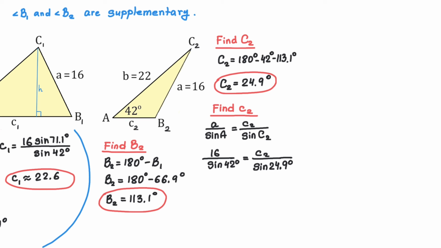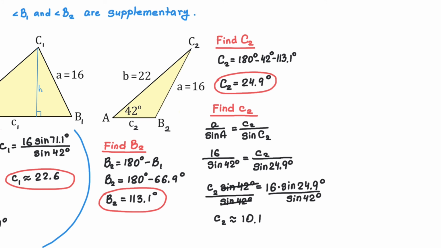Then we will use cross multiplying, and we will have c sub 2 times sine of 42 degrees equals 16 times sine of 24.9 degrees. Then we will divide both sides by sine of 42 degrees. Then c sub 2 will be approximately 10.1 units.